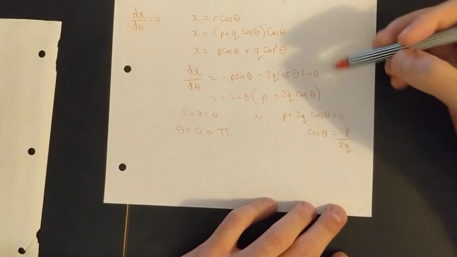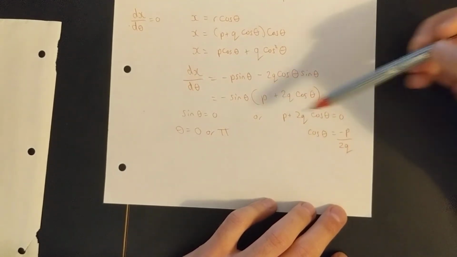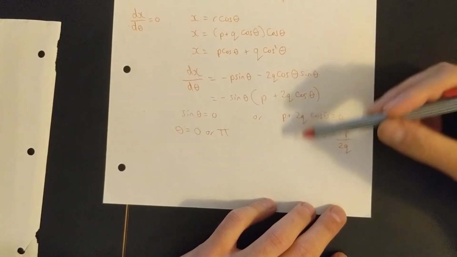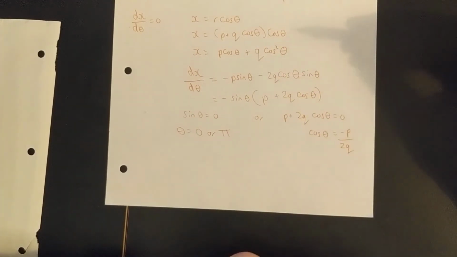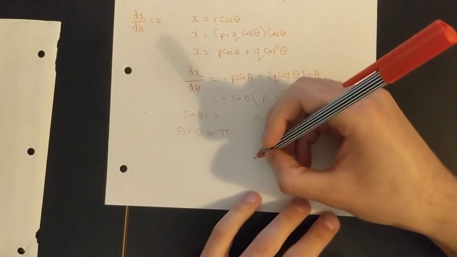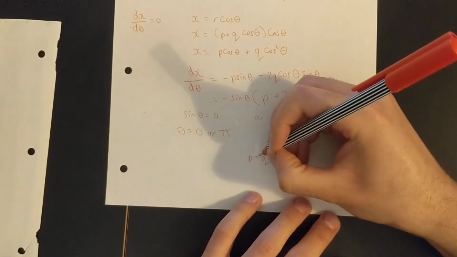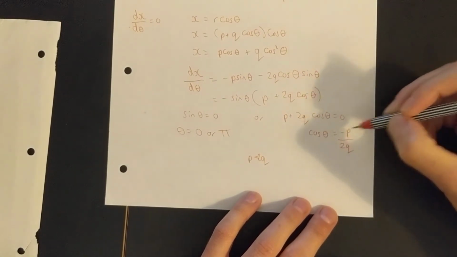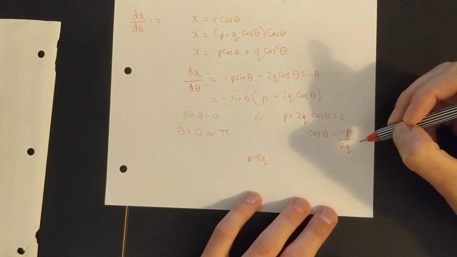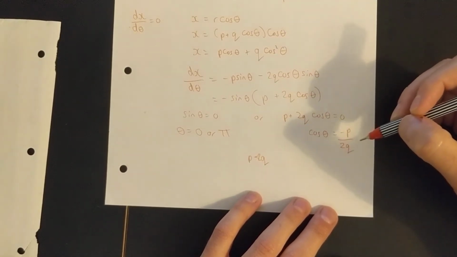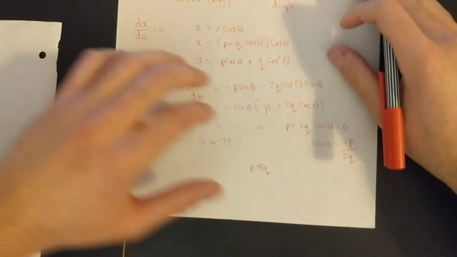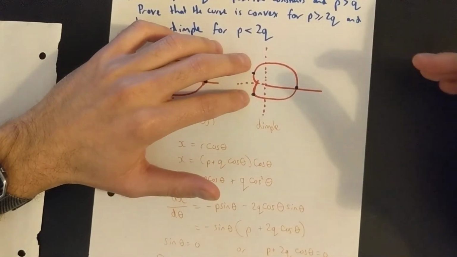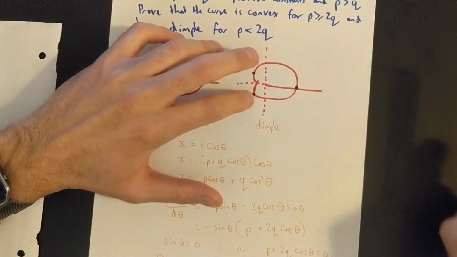So here, this is the important one. I've got 2 solutions. My question is, what's going on here? I've got 3 things that could possibly happen. So I could either have p less than 2q. If p is less than 2q, then I've got negative a fraction. So when I've got negative a fraction, I'm going to be finding solutions in these 2 quadrants, because if cos theta is a negative fraction, it's going to have solutions here and here.